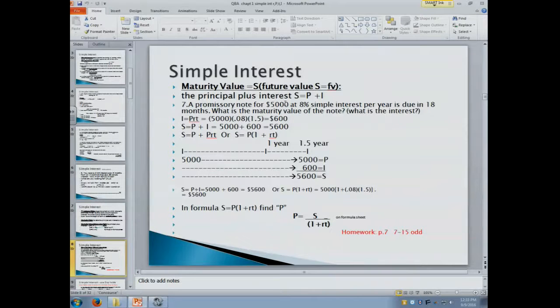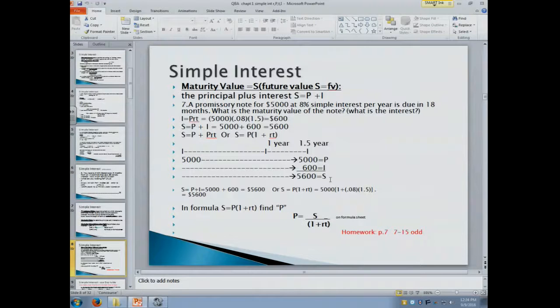A promissory note for $5,000, 8% simple interest due in 18 months. What is the maturity value of the note? Okay, we have $5,000 today. By the way, you'll notice I write these timelines. Those will help you. The $5,000 is due in 1 year. We also owe the interest, which will be $600.